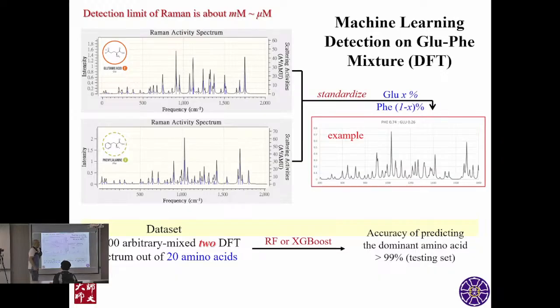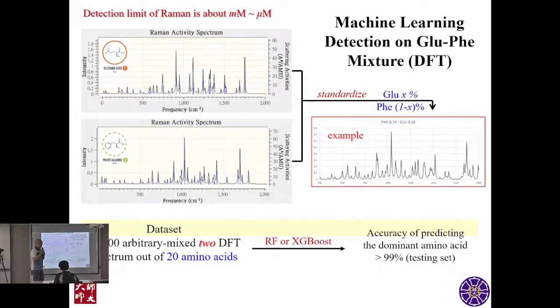So we want to combine this with DFT, because DFT can calculate Raman. With a DFT package, you can compute the Raman signal of one particular molecule. So we computed the Raman spectrum theoretically for phenylalanine and glutamic acid. Okay, that's the Raman DFT spectrum.